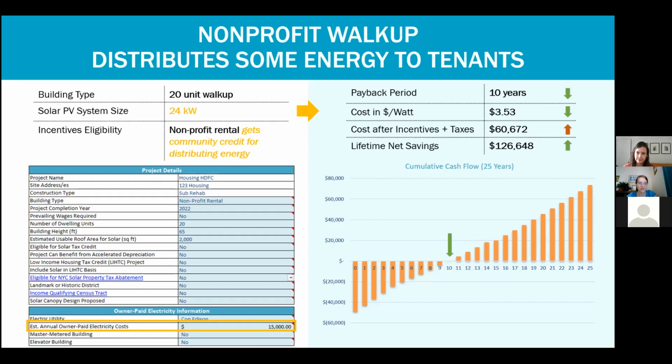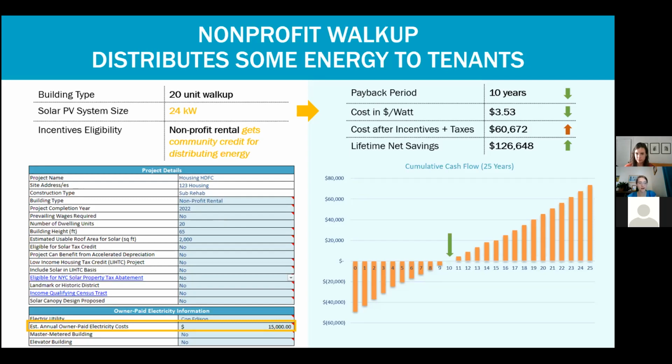So let's look at another scenario for this nonprofit. What if they want to install a larger system? Before they were looking at a 10 kilowatt system, but if they did a 24 kilowatt system, maybe with a planar array, and then they wanted to distribute some of the energy to their tenants. With that, the payback period would go down even further.